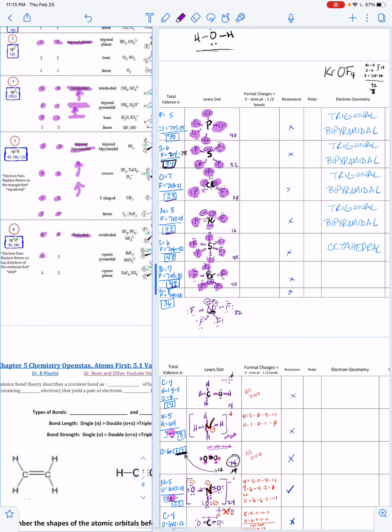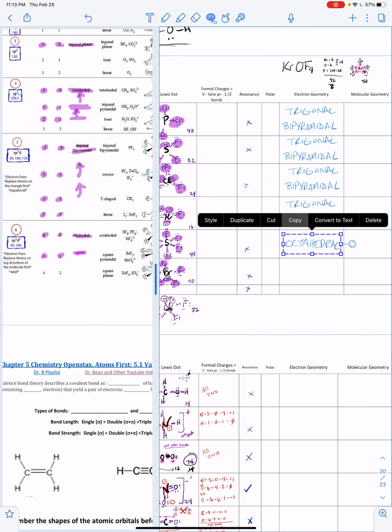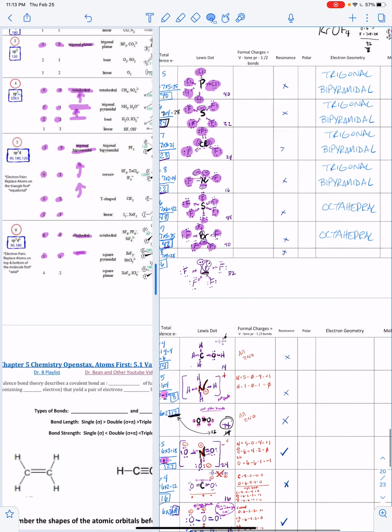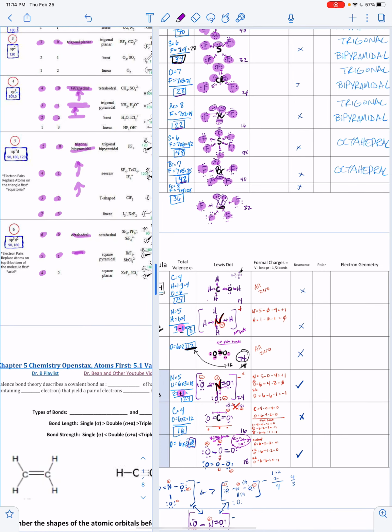It's 5 bonds and 1 lone pair, still octahedral. And the last one, there's 6 regions, 4 bonds and 2 lone pairs. Again, octahedral.